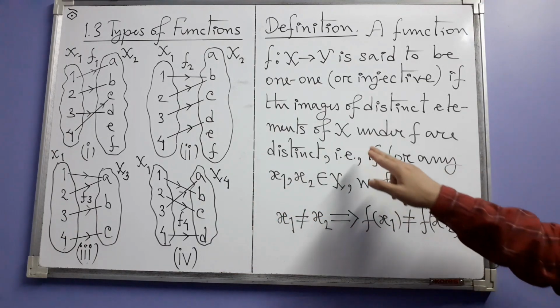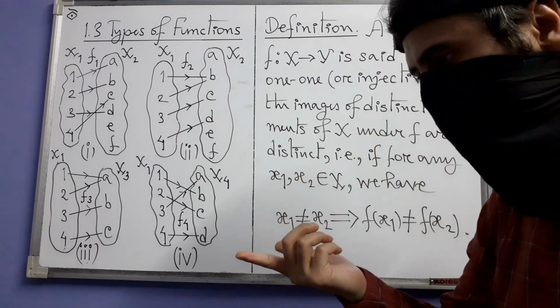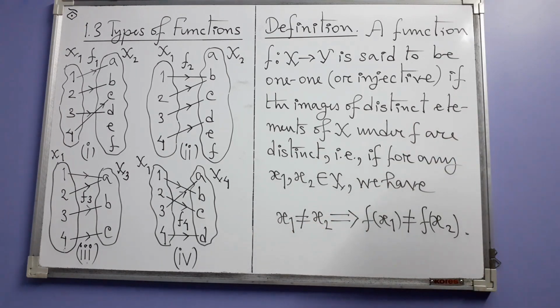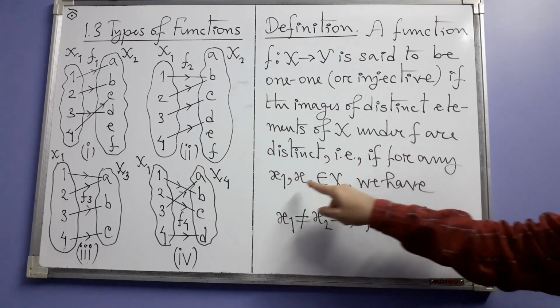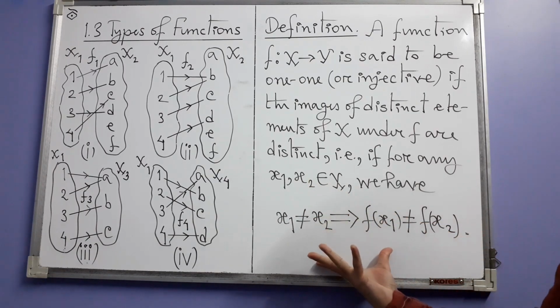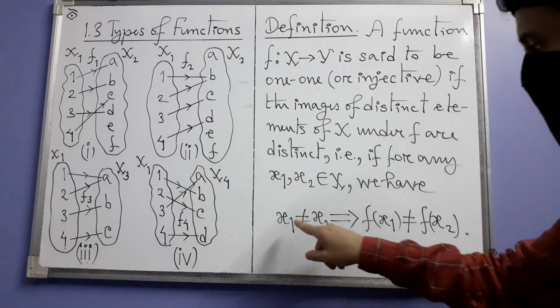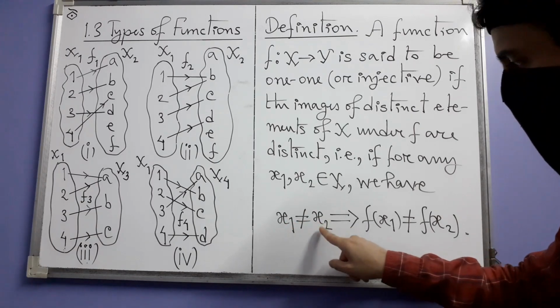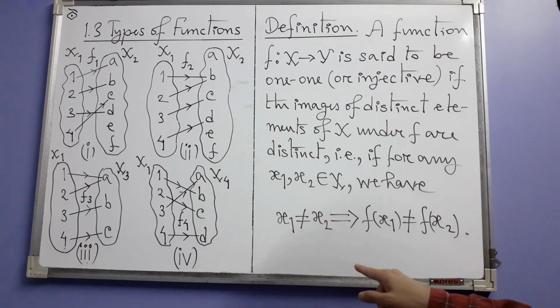If distinct inputs have distinct outputs, then the function is 1 to 1. That is, if for any inputs x1 and x2 in x, we have this implication: if x1 is different from x2, then f of x1 is different from f of x2.